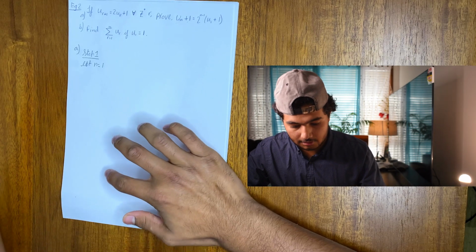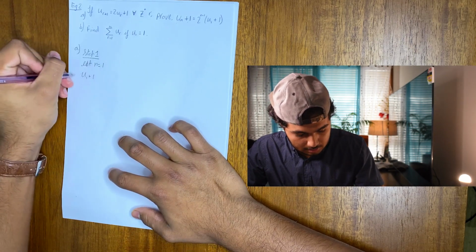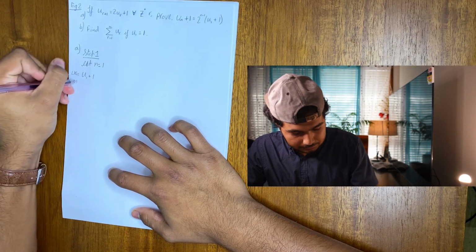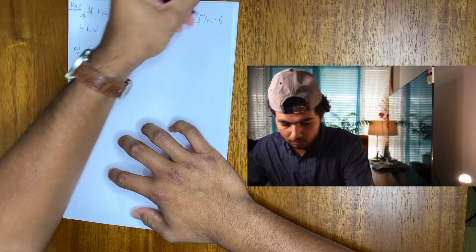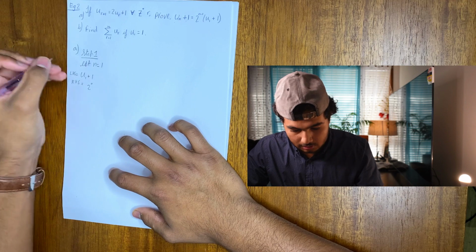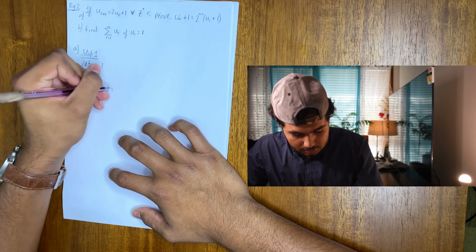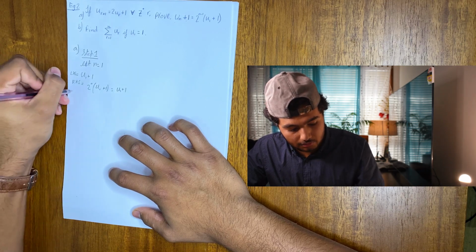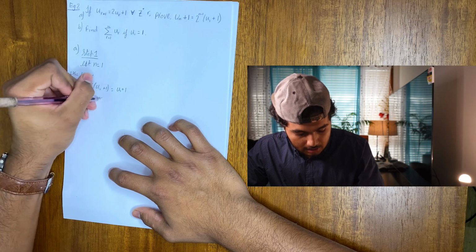We have u to the 1 plus 1 equals LHS. Then RHS is going to be 2, 1 minus 1 is 0. We have 2 to the 0 brackets plus 1, which is just going to be u1 plus 1. Therefore, true for n equals 1.